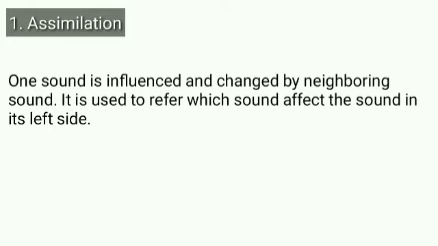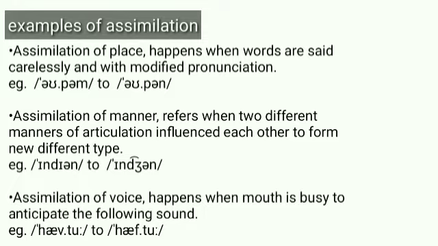Assimilation is when one sound is influenced and changed by a neighboring sound. It is used to refer to which sounds affect the sounds on its left side. Assimilation is divided into three: assimilation of place, manner, and voice.